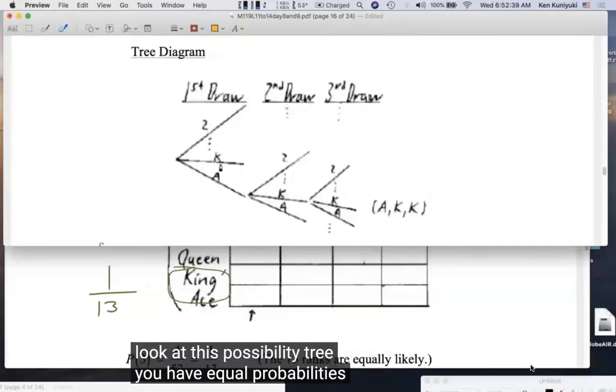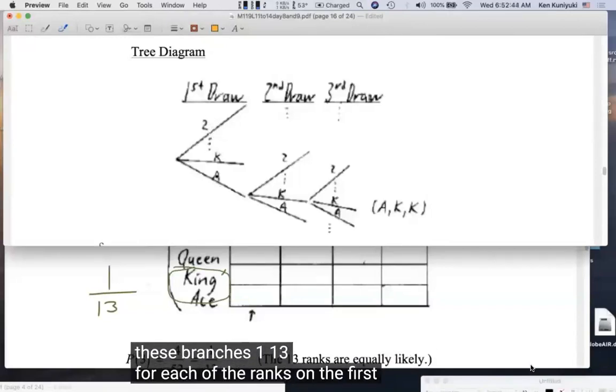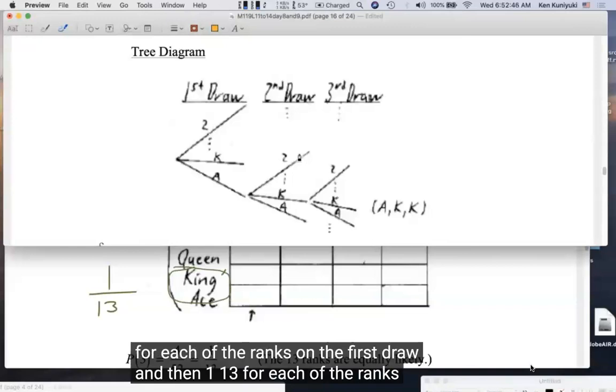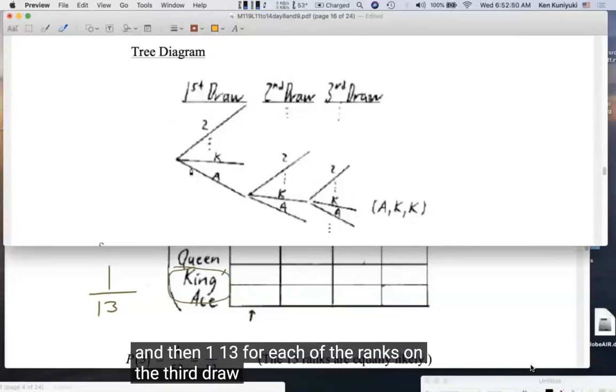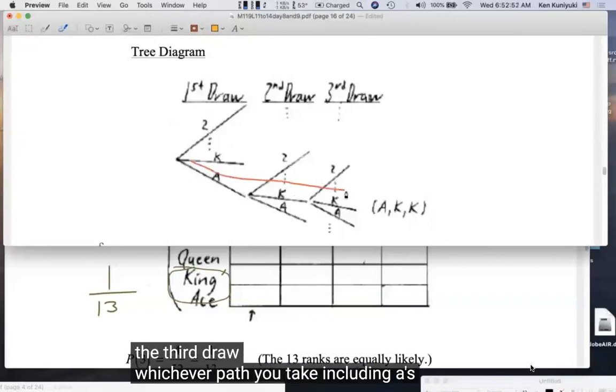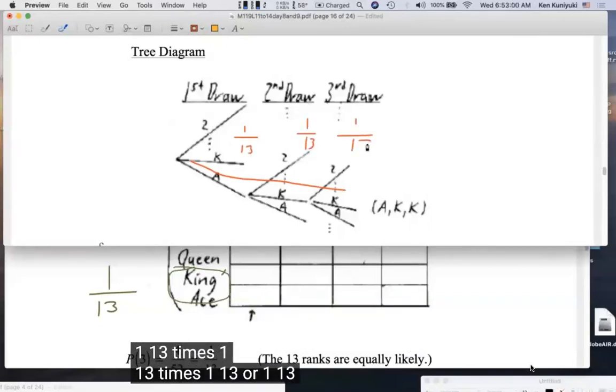You have equal probabilities on each of these branches. 1/13 for each of the ranks on the first draw, and then 1/13 for each of the ranks on the second draw, and then 1/13 for each of the ranks on the third draw. Whichever path you take, including ace, king, king, is going to be 1/13 times 1/13 times 1/13, or 1/13 cubed.